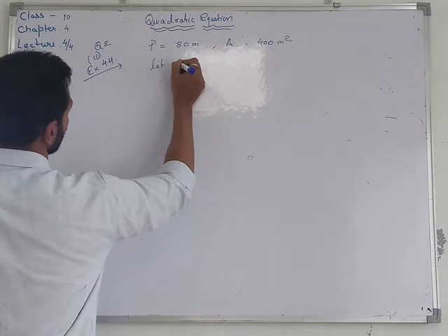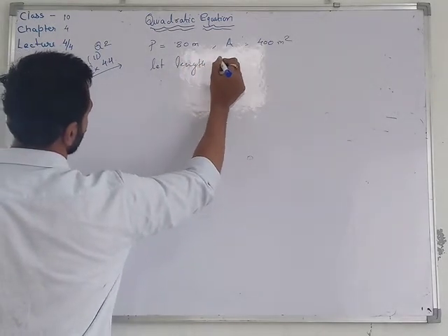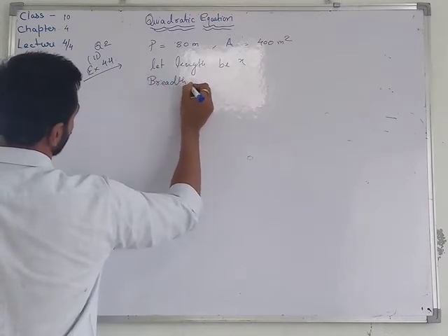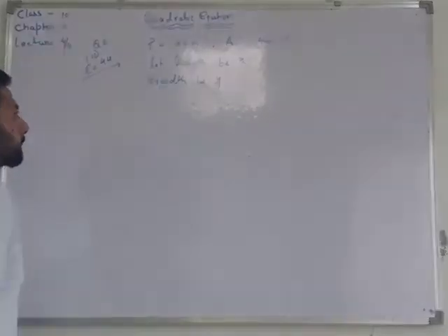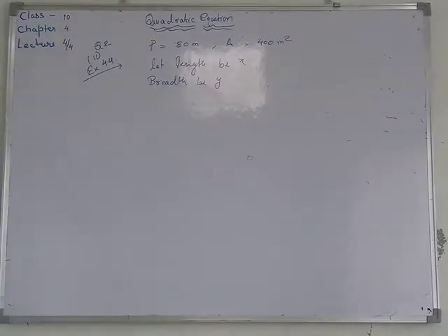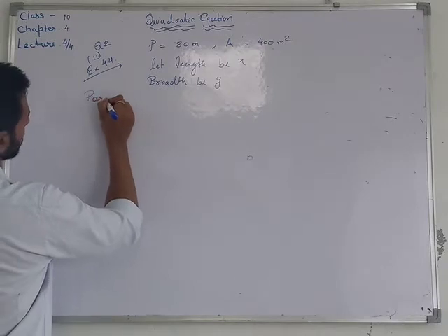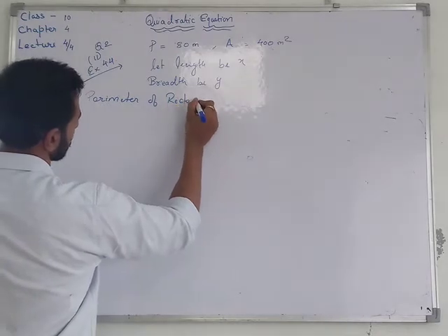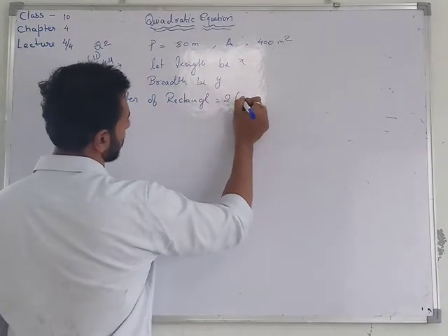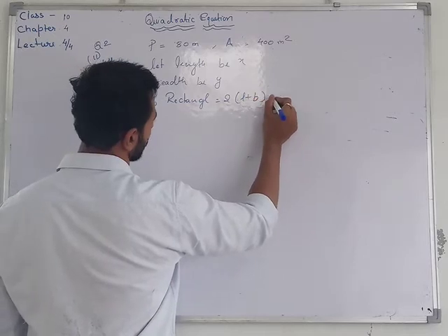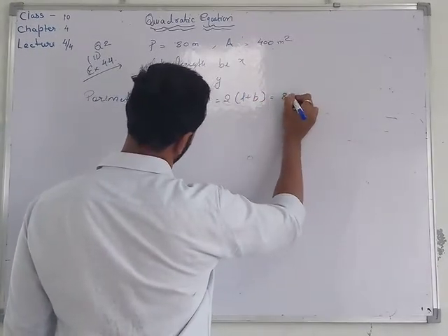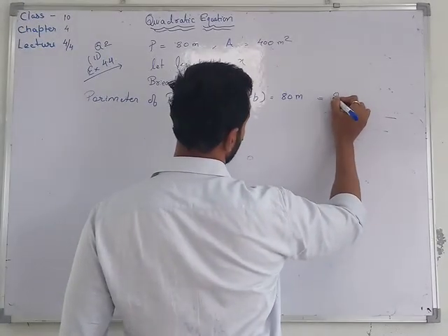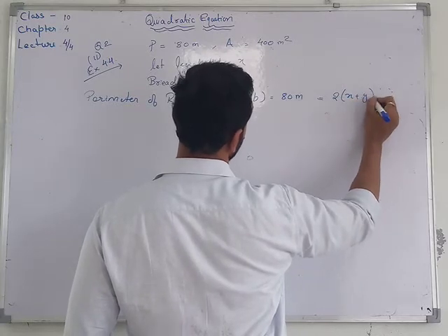Let the length be x and breadth be y. Perimeter of rectangle, 2 times of length plus breadth is equal to 80 meter, which means 2 times of x plus y is equal to 80.